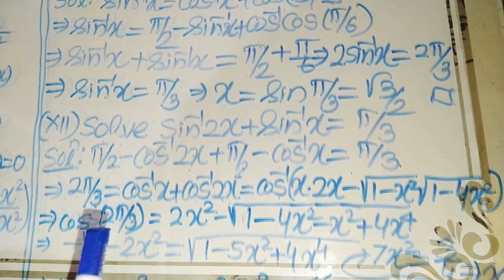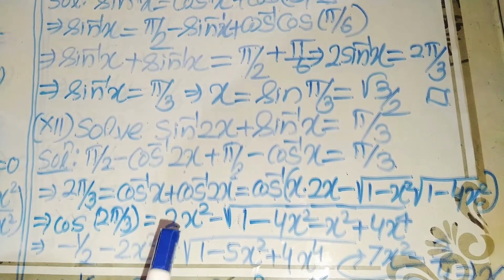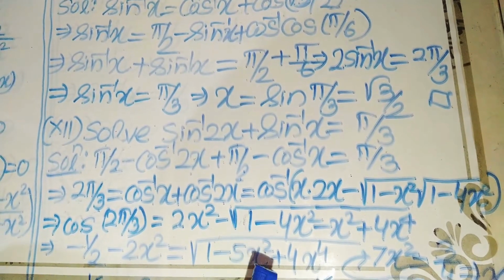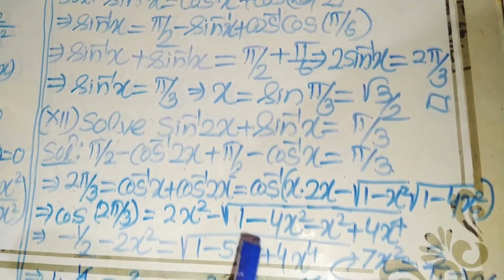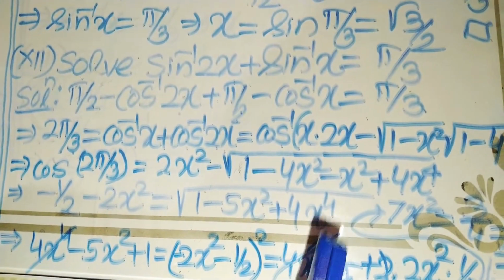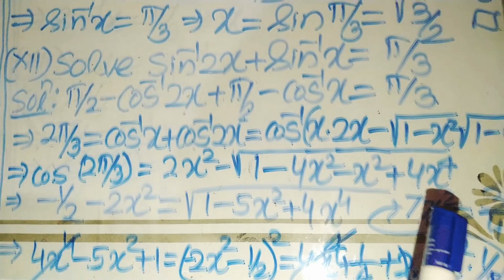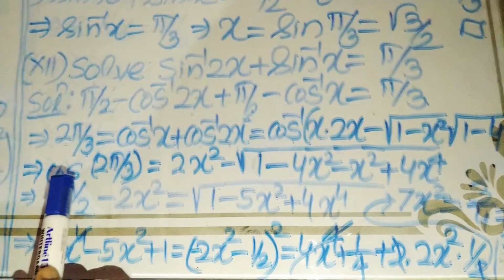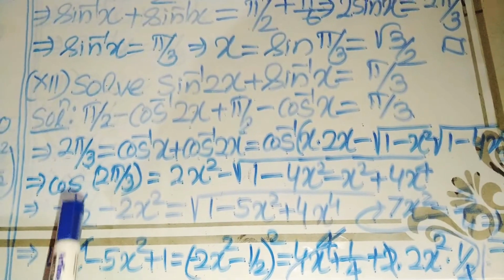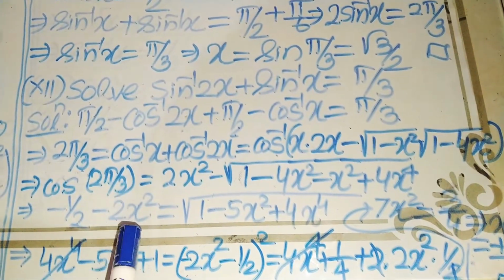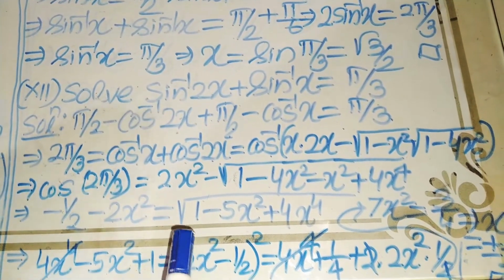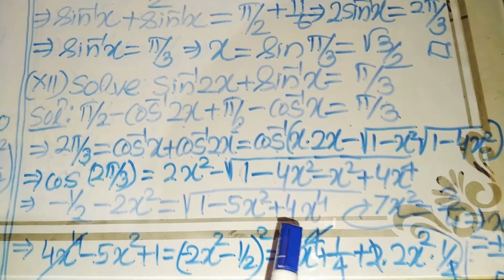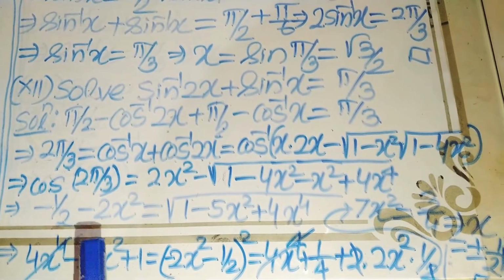We have cos 2 pi by 3 is equal to x into 2x, that is 2x square, minus root over of 1 minus 4x square minus x square plus 4x fourth. Then cos 2 pi by 3 is minus half, so minus half minus 2x square is equal to root over of 1 minus 5x square plus 4x fourth.